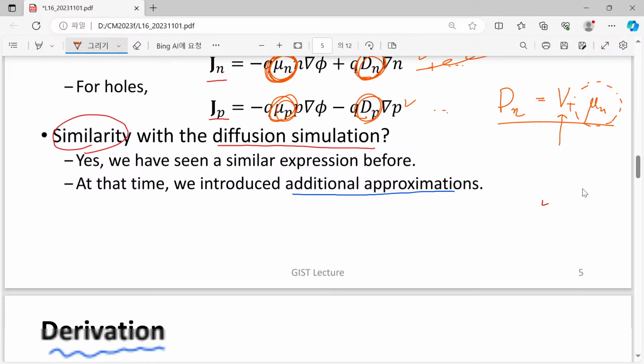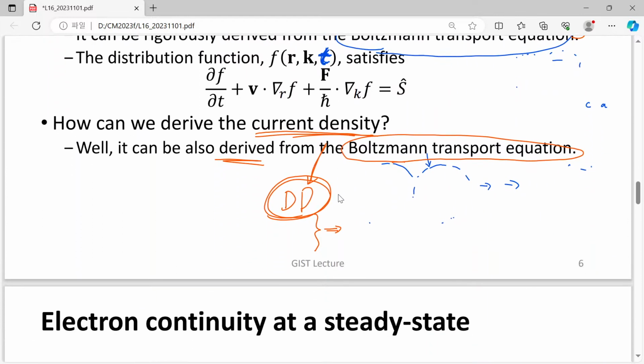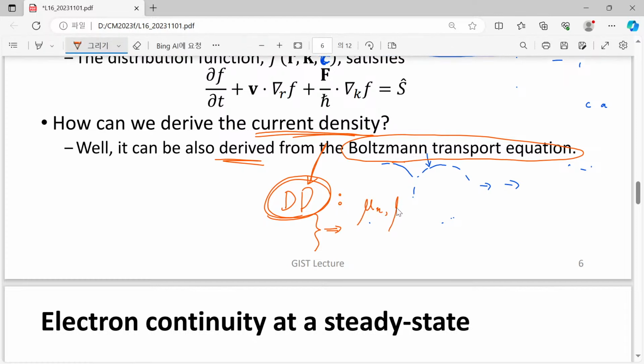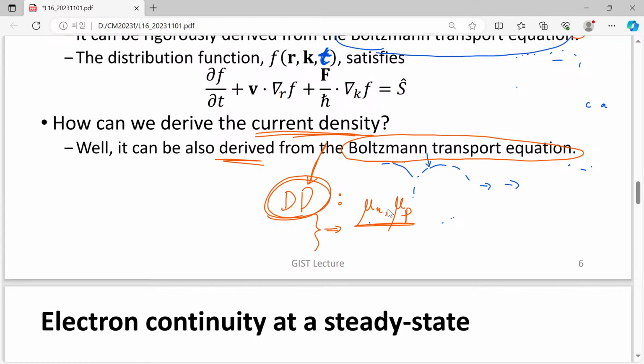So right now people are more or less just calibrating their electron mobility and hole mobility, to calibrate the model parameters to fit their experimental data. Okay, that is the situation.